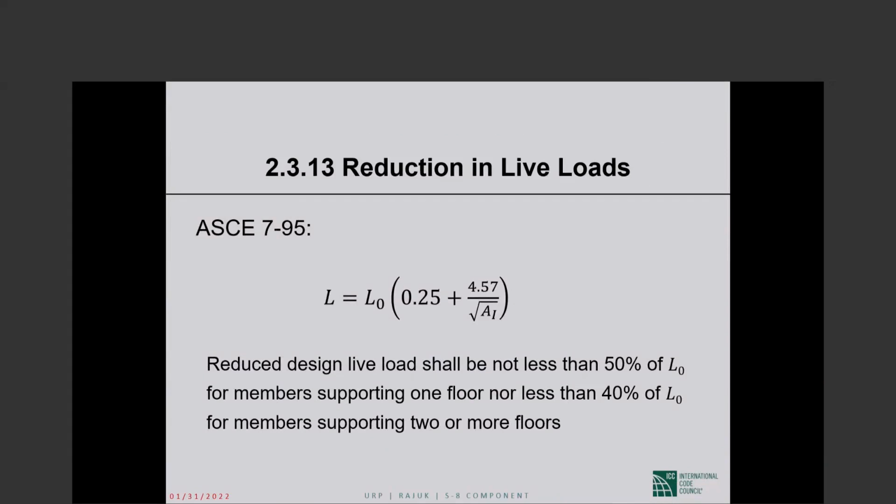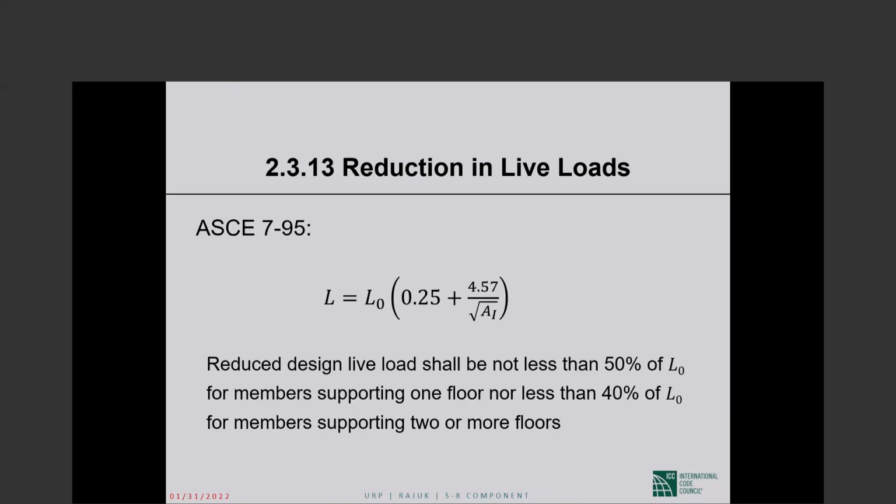Okay, the very important topic of live load reduction. It used to be in the old days based on tributary area, which we all understand. And then in ASCE 7-95, they decided to base live load reduction on the so-called influence area.